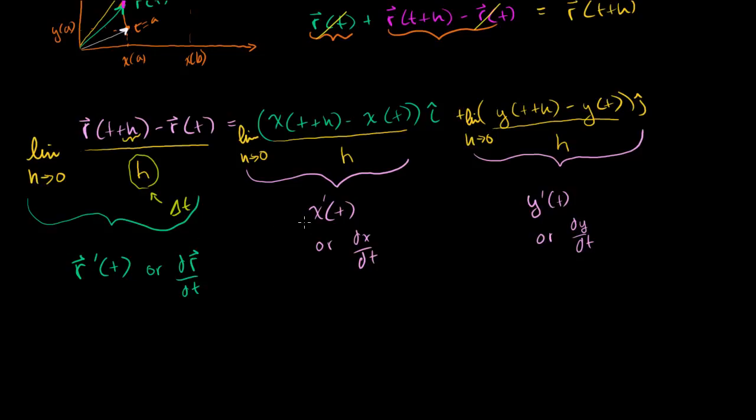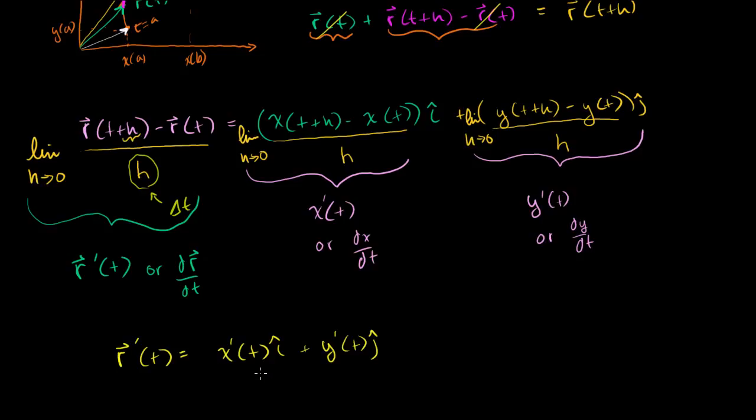All it's going to be equal to, r prime of t, is the derivative of x with respect to t, which is x prime of t times the x unit vector, the horizontal unit vector, i, plus y prime of t times the y unit vector, j, the unit vector in the vertical direction. That's a pretty nice and simple outcome.